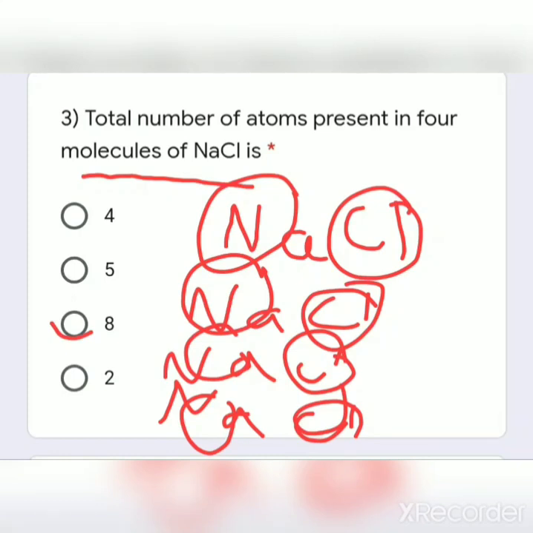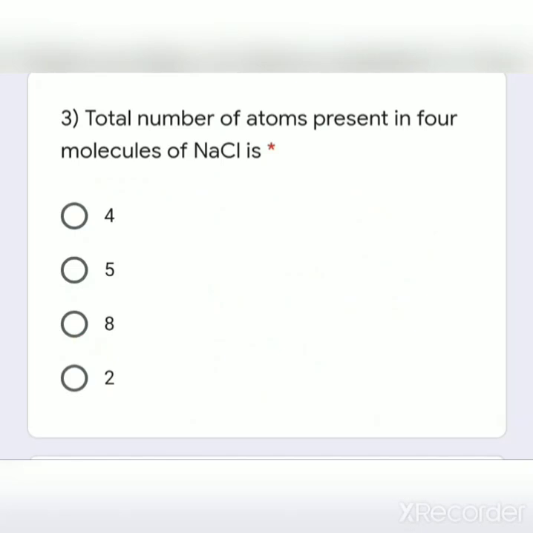But you need not do it in this way. Because it is 4 molecules, it is easy to write it 4 times. But if it were 100 molecules, there is no need to write it 100 times. What you need to do here is this: 4 molecules of NaCl means 4 NaCl.